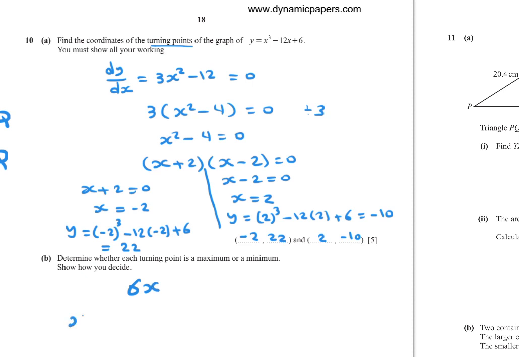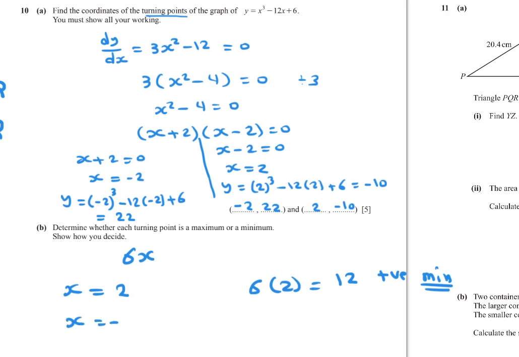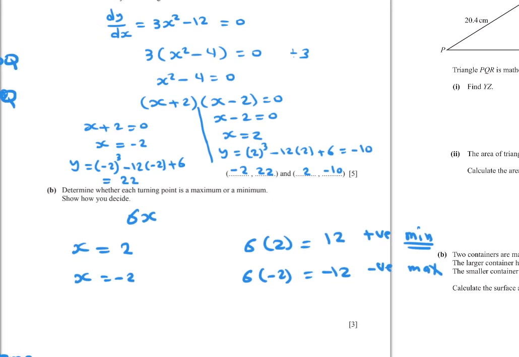Now, if x equals 2, the second derivative is 6 times 2, equals 12. Positive, so we have a minimum point when x is 2. If x equals negative 2, 6 times negative 2 is negative 12, negative, so we have a maximum at x equals negative 2.